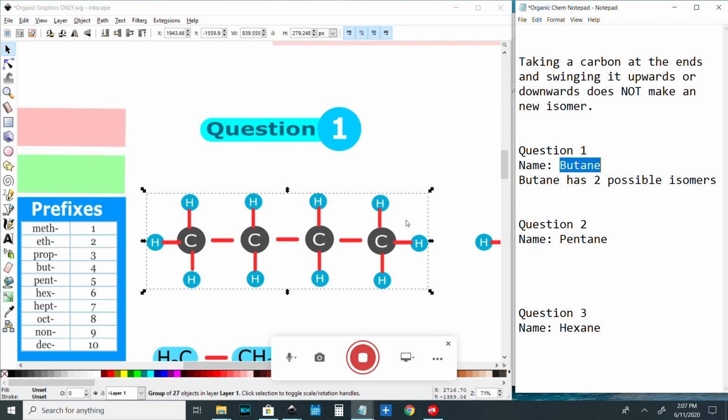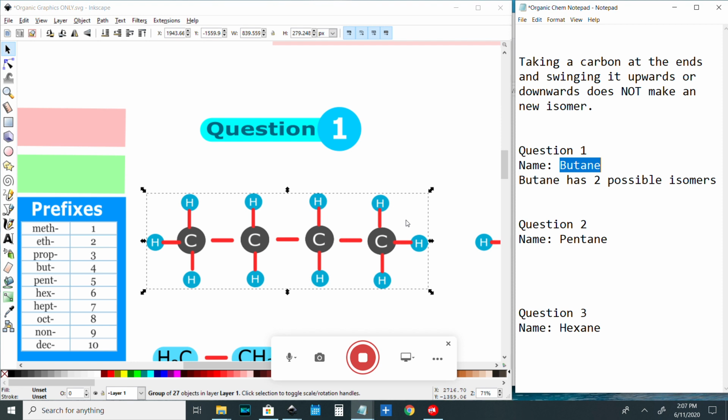After the rearrangement, the amount of carbons and hydrogens will remain the same, but it will look different. For it to be an isomer, the amount of carbon and hydrogen has to be the same. It also has to look different, but it must also have a different name.